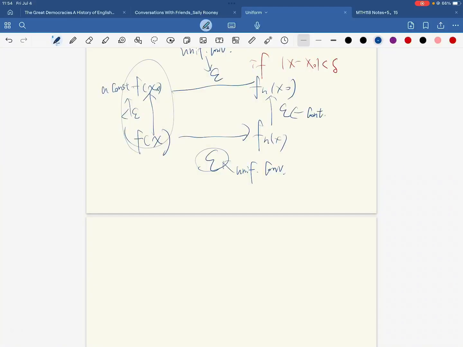It's actually a realization of the triangle inequality like that.